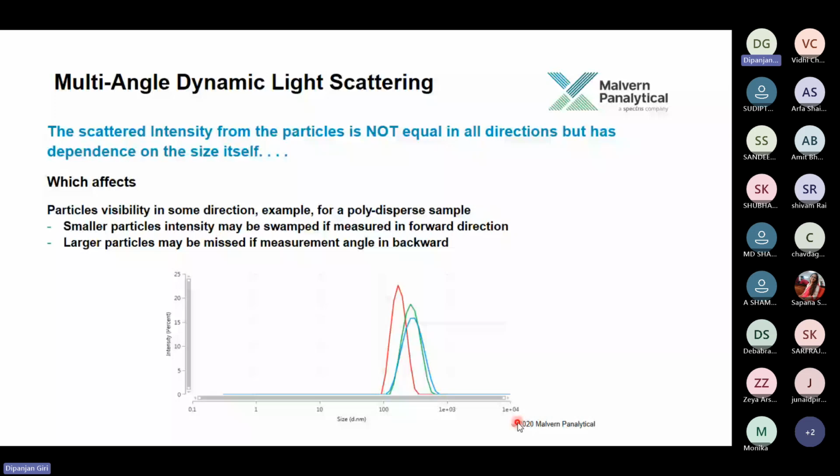So the goal is to measure the size at the three different angles and combine these three correlation results into a single particle size, which is done through this analysis technique.